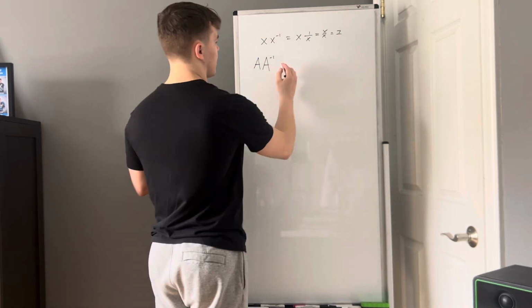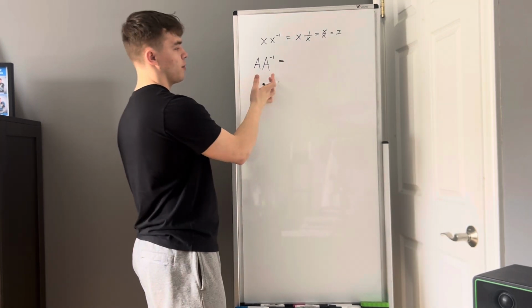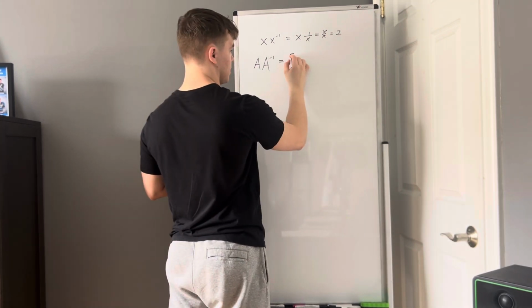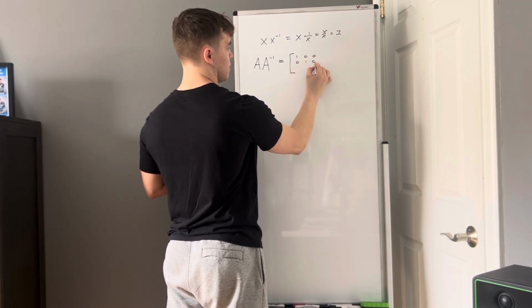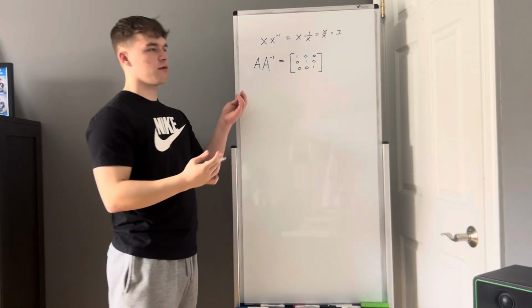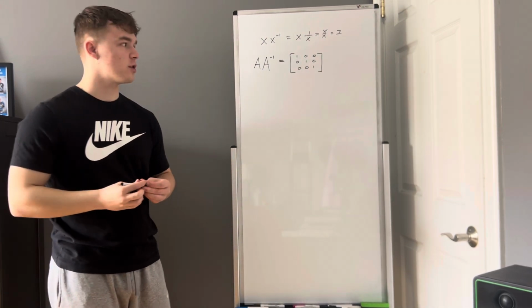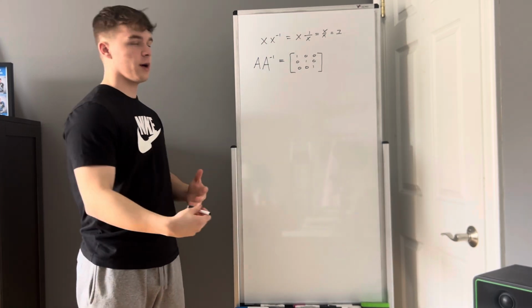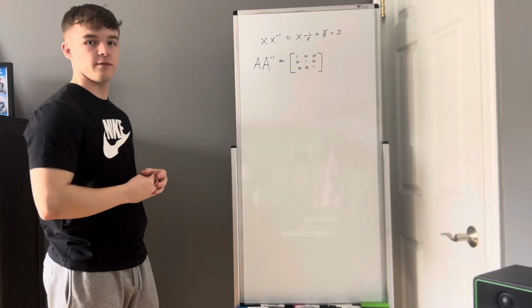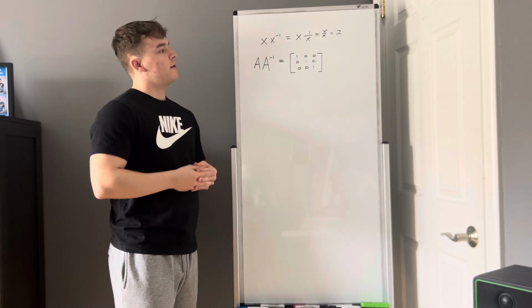So what we're actually going to get is, say these were both 3 by 3 matrices, we get 1, 0, 0, 0, 1, 0, 0, 0, 1 for a 3 by 3 matrix. Of course, for a 4 by 4 matrix, you're just going to have 4 1s, 5 by 5, 2 by 2, whatever, right?